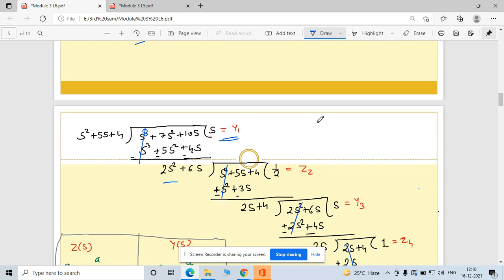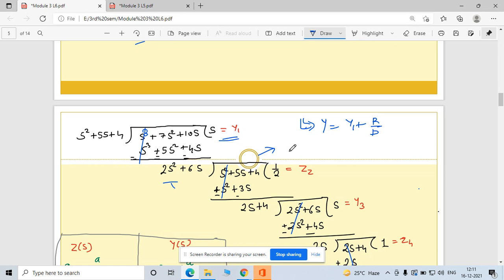Now for the second function, in previous classes we already saw how to write it: Y is nothing but Y1 plus remainder upon divisor, right? But you are dividing this remainder with this divisor, yet you are writing remainder upon divisor.